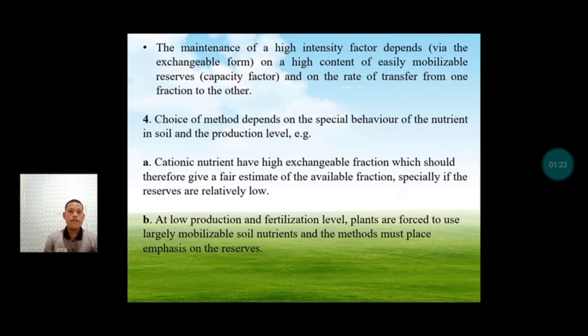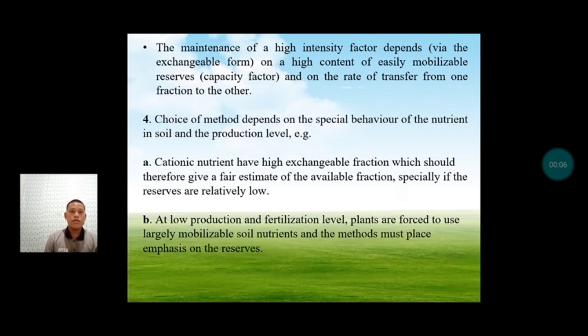The maintenance of the high intensity factor depends, via its changeable form, on a high content of easily mobilizable reserves, the capacity factor, and on the rate of transfer from one fraction to the other. It means that they must know the different ways of determining the nutrients in soil, and all of these are connected to each other. They must know the different ways of determining the nutrients needed by the plants.